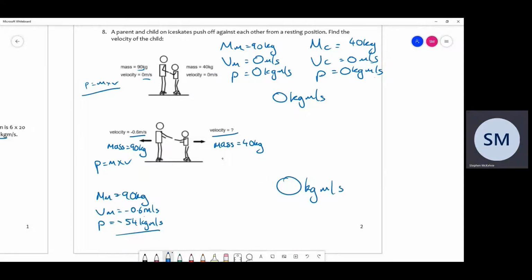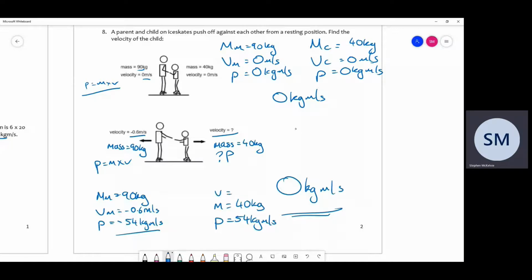I have the mass of the child, but I don't have the momentum of the child. Well, if the total momentum is 0 kilogram meters per second, and the momentum of the mother is negative 54 kilogram meters per second, then the momentum of the child must be positive 54 kilogram meters per second, so that they can equal 0. The mass of the child has not changed. It is still 40 kilograms.